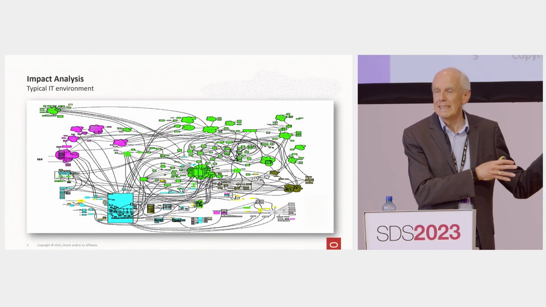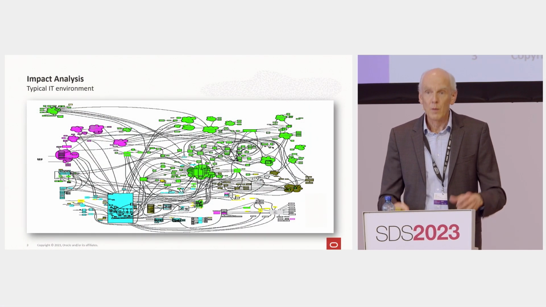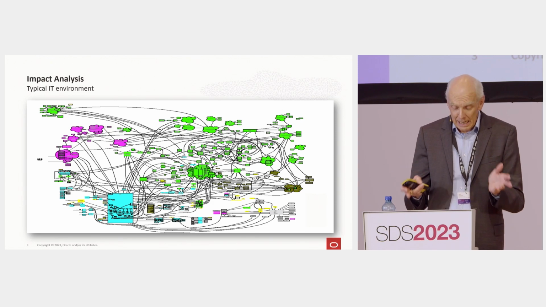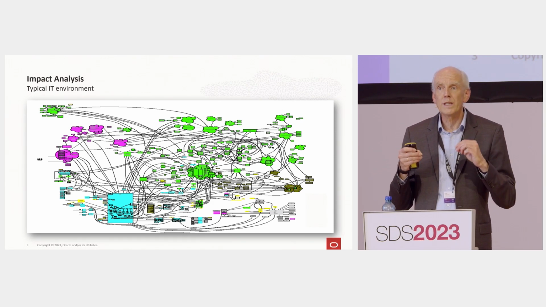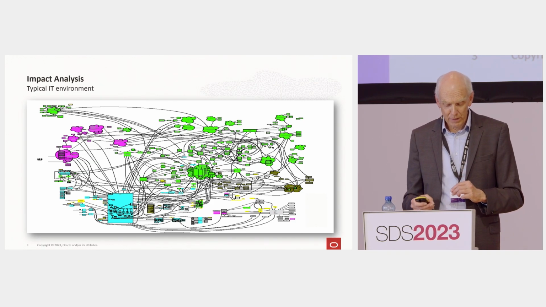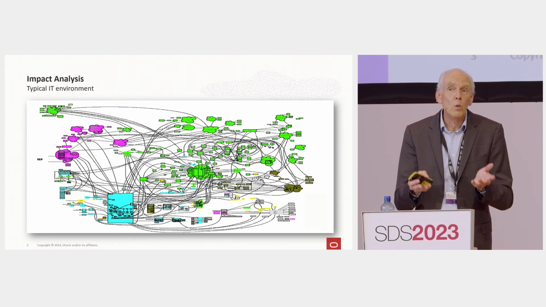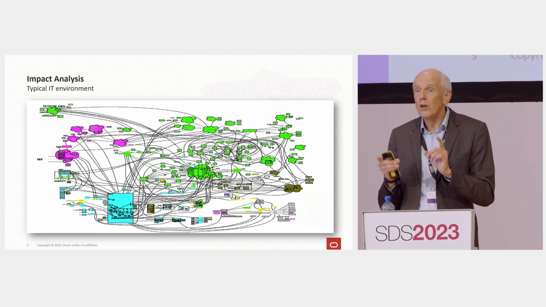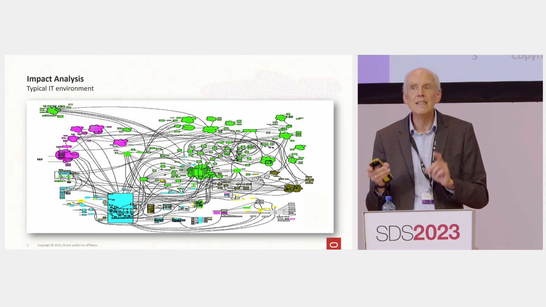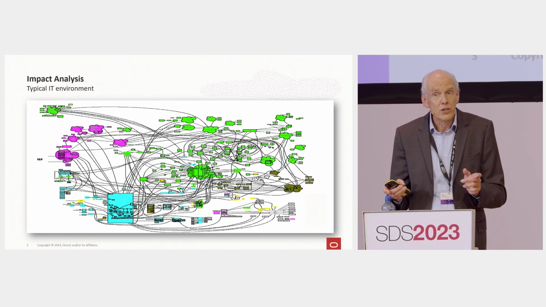I'm sure you have a software architecture which looks a little more tidy than this, but even if it's tidy, it can still be a pretty daunting task to figure out all the dependencies in your software infrastructure, and you can't really do that without a certain level of automation and tooling. And one technology which is particularly helpful in these cases is graph technologies.